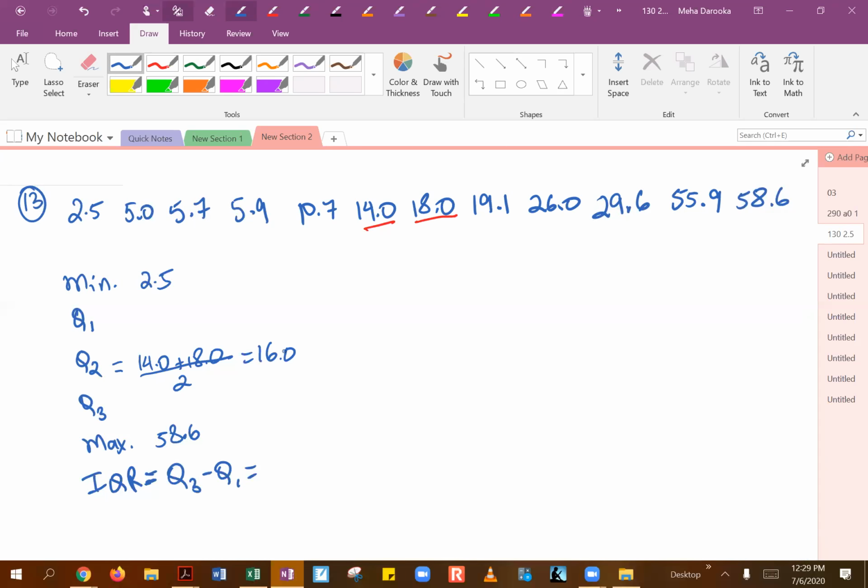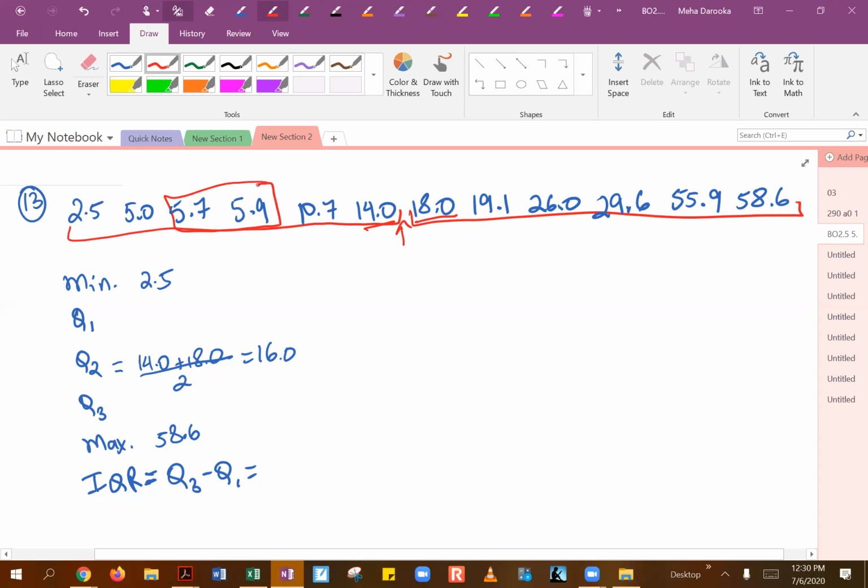So once you have your median, which is going to be right here, that tells us you are going to have to use all of these first 6 data values for quartile 1 and the second 6 data values for quartile 3. Since these are 6 values, we end up taking an average between 5.7 and 5.9 for quartile 1. For quartile 3, we will end up taking an average between 26.0 and 29.6.